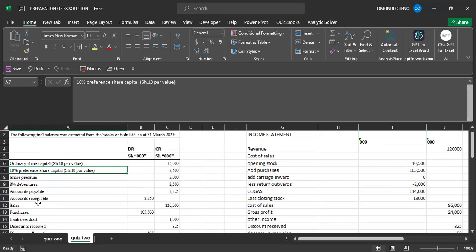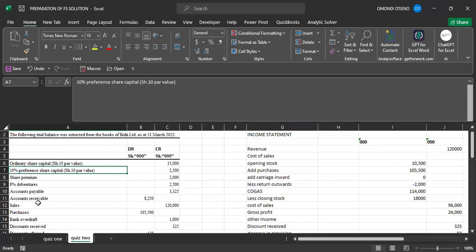Preference share capital: is it capital or non-current liability? It will determine how we deal with it.